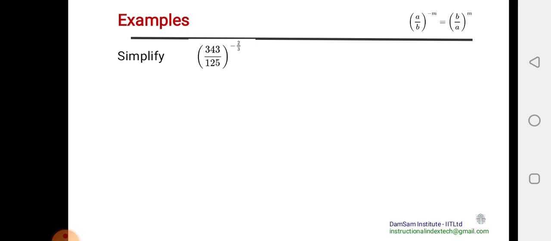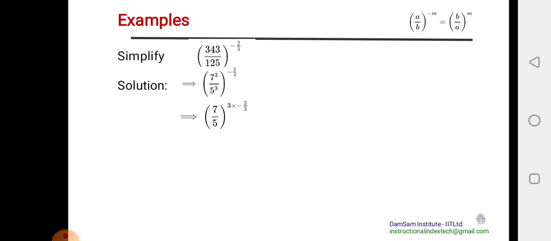343 over 125 all raised to power negative 2 over 3. Then we can simplify that to be 7 raised to power 3 over 5 raised to power 3, because 343 is expressed as 7 raised to power 3. So also 125 is expressed as 5 raised to power 3. And because they have the same power, we can easily factorize that out, and we use it to multiply that negative 2 over 3, which is the power.